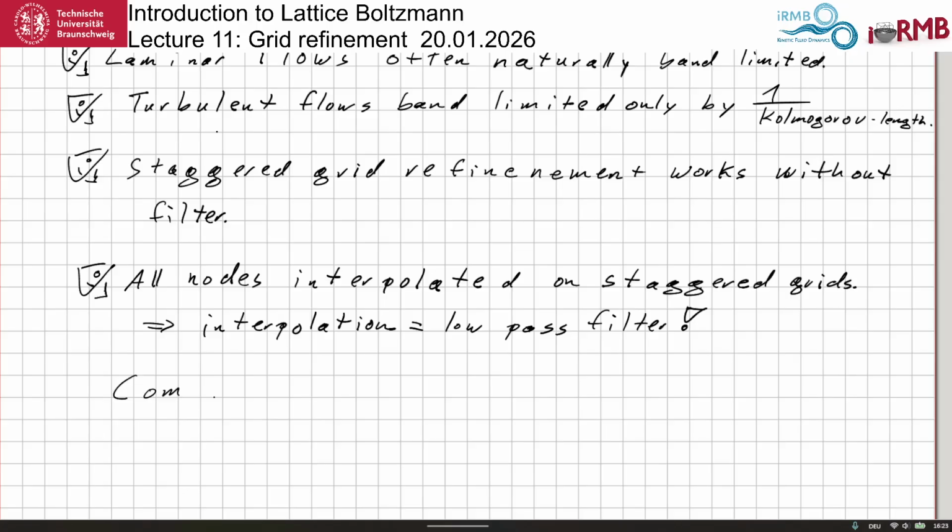Okay, now what we are using, one possibility using a staggered grid, is what we call compact interpolation. So what is our problem?